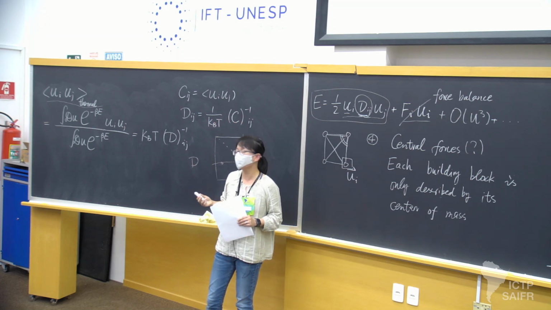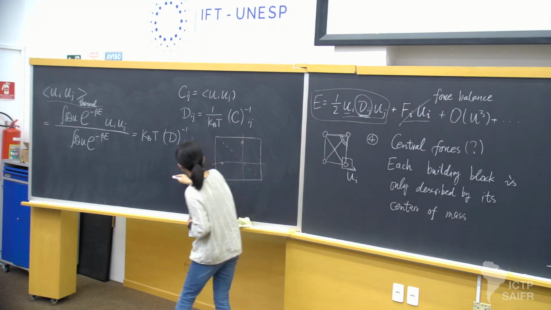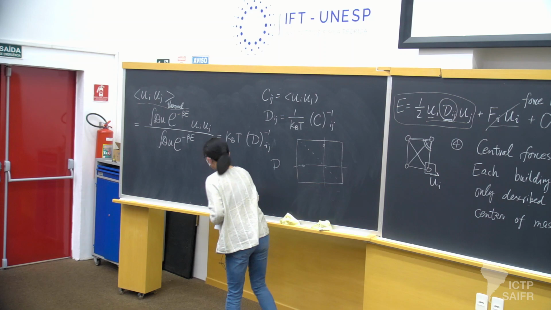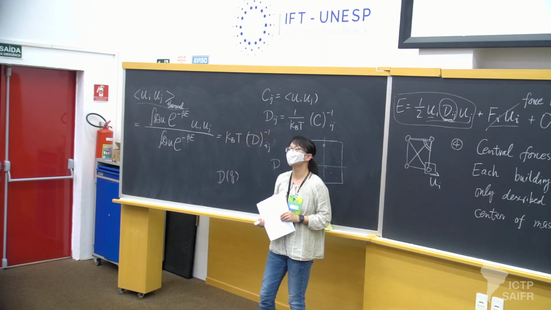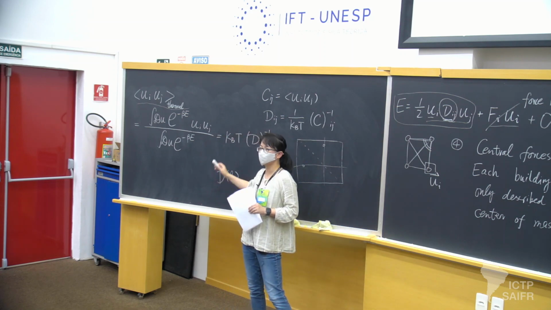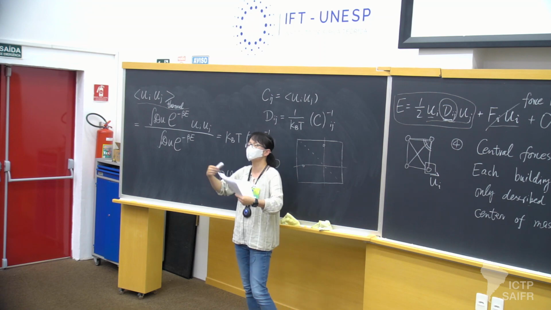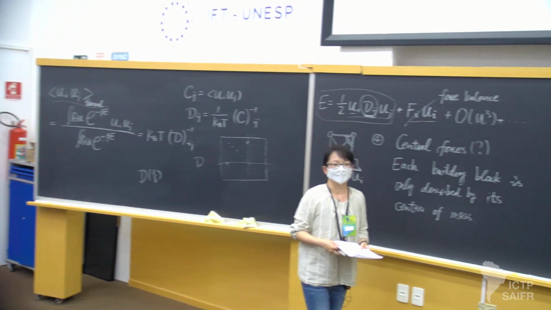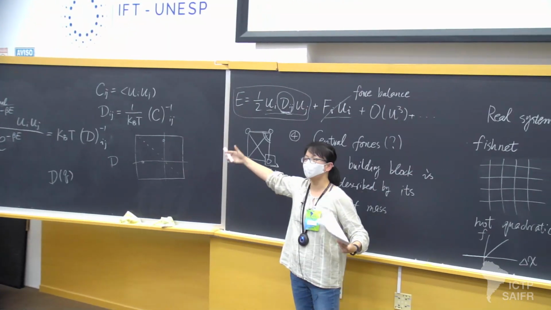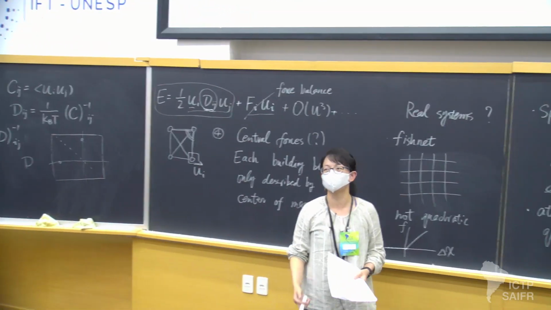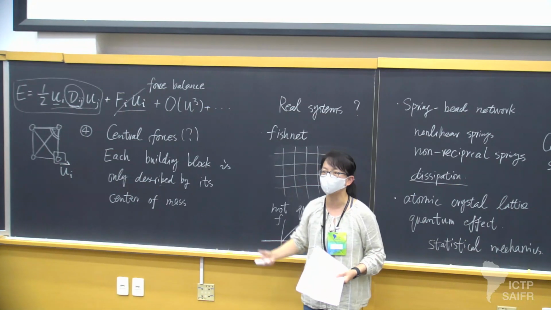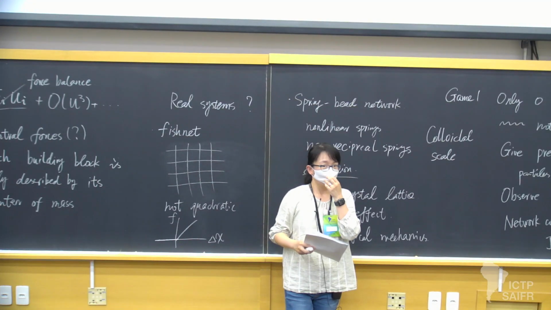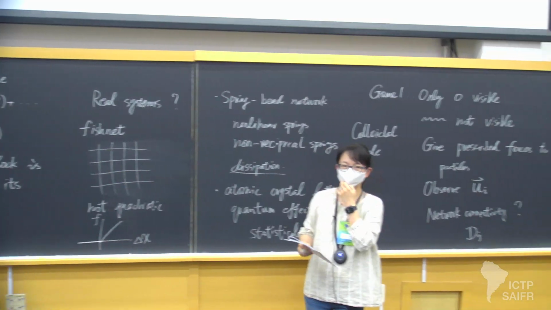If you have a periodic lattice, then you already know that D block diagonalizes into different momentum components. Then for each momentum component, you just have a small matrix that is much easier to fit. If it is a large random matrix, that is going to be difficult, and you need a huge amount of data to do that. Okay. Any more questions?